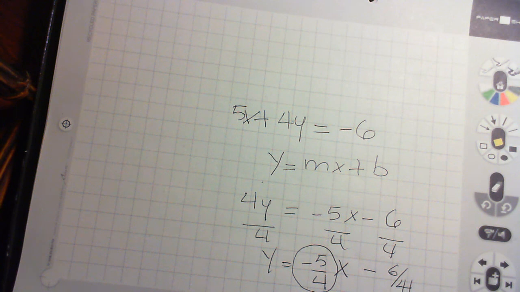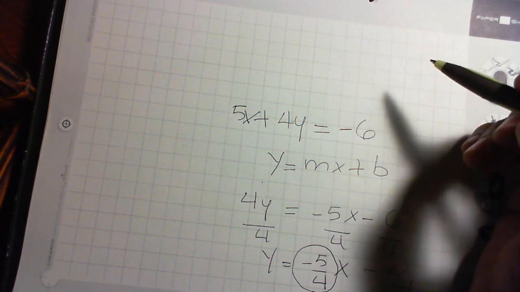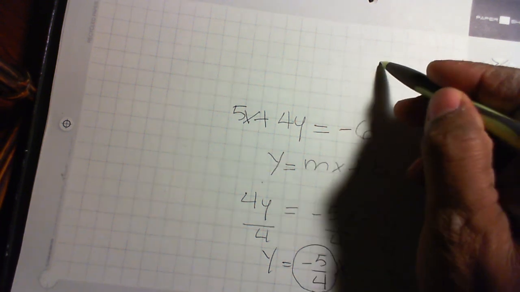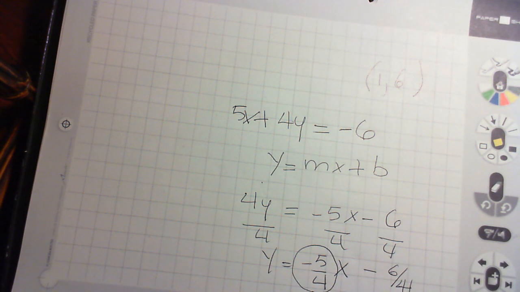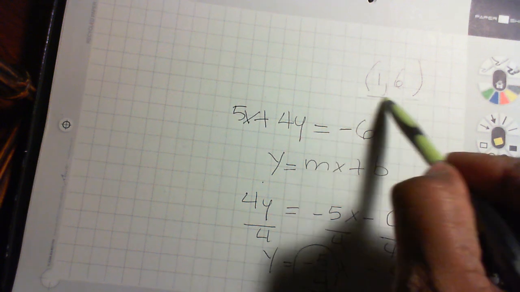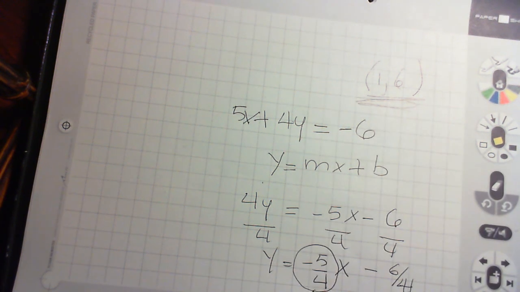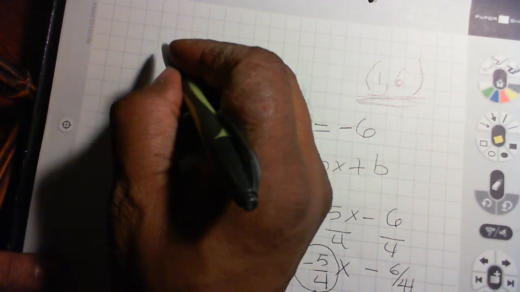Now, if you have the slope, you can write the equation of a line, right? So if I'm given a point, let's say I need to find the equation of a line that goes through the point (1, 6), for example. We know the slope is this. Let's suppose the two lines are parallel. Parallel lines have the same slope. So if this is one slope, this line is going to have the same slope as this one, right? Because they are parallel.